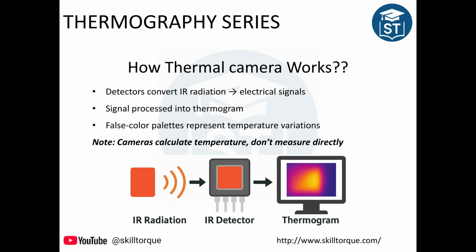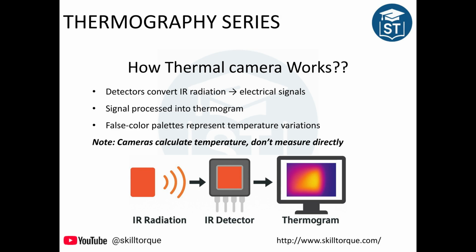This pixel size completely depends on the resolution. After that we use color palettes, and if these color palettes are falsely applied, then we will not be able to differentiate the actual color of an object.